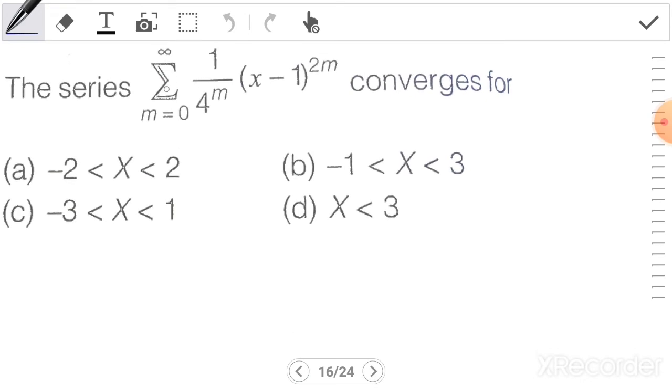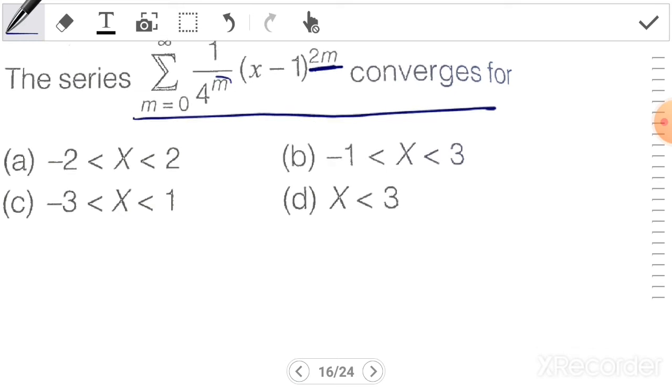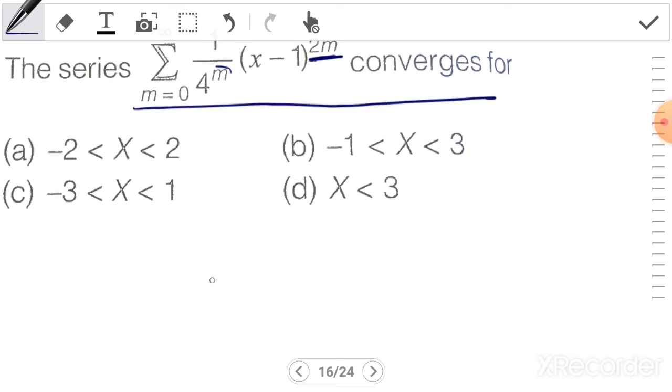So the series converges for. Okay, notice the power 2m. So you can make the power of this term as 2m by writing 2 power 2m.